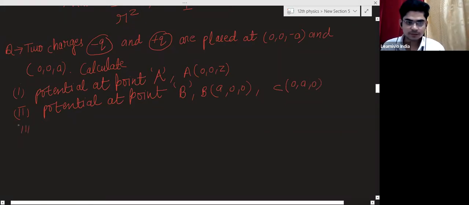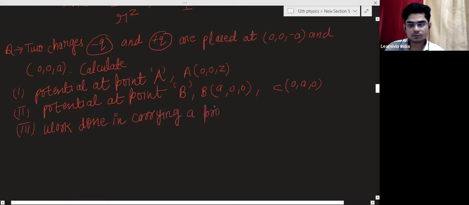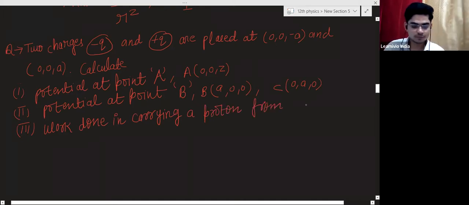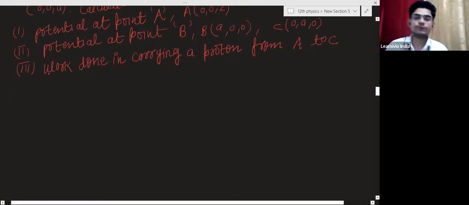And the third part is the last question of this lecture: work done in carrying a proton from A to C. I think this question has some problem, but we will try to solve it.